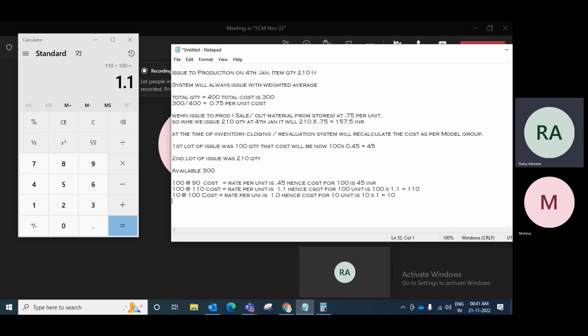So total cost: 45 plus 110 plus 10. कितना हो गया? 110, 120, 165.